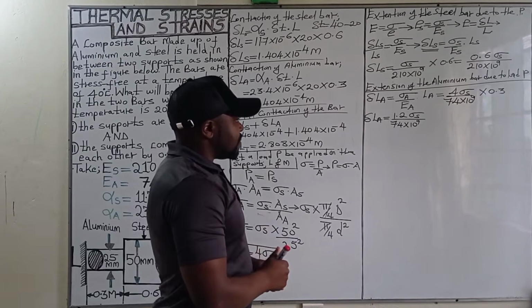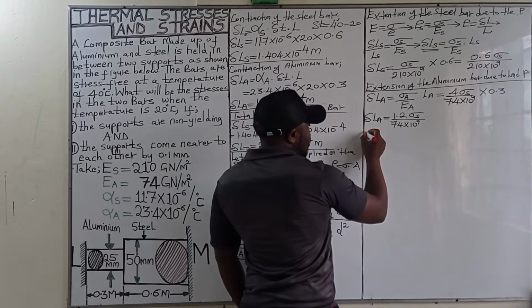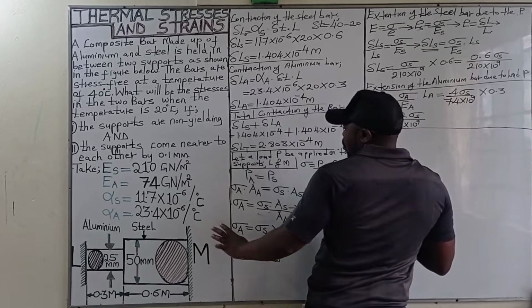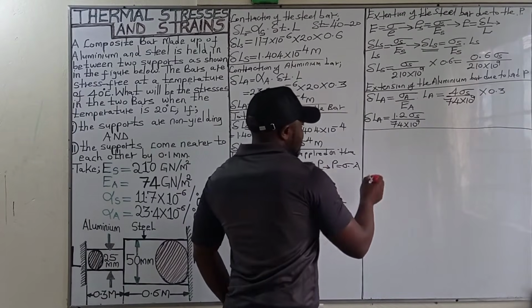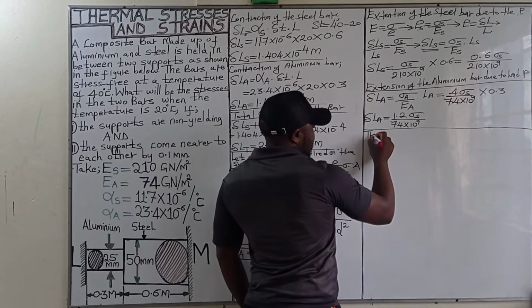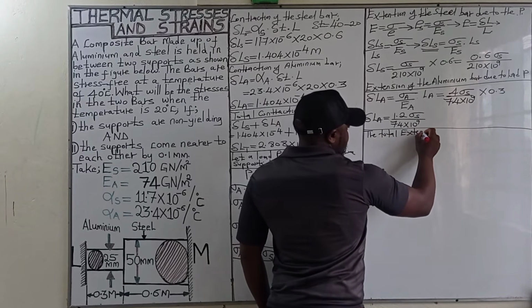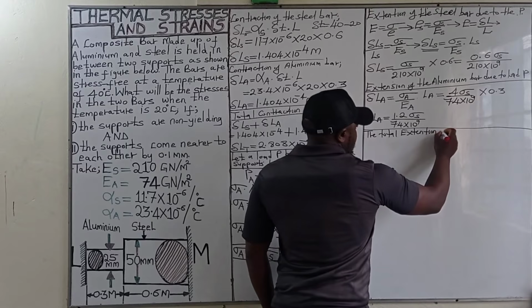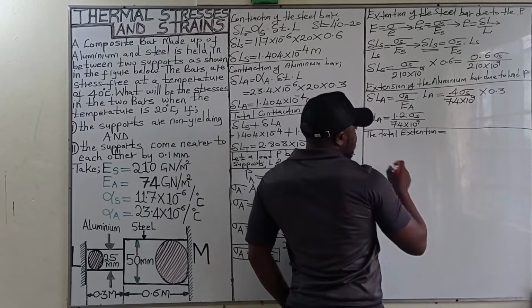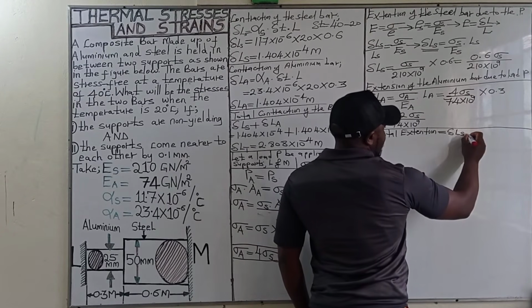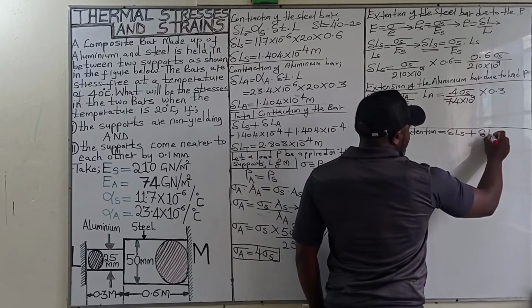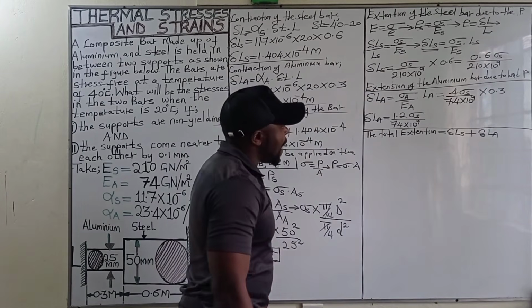And from there, the total extension of the whole combined component will be given by the extension of the steel plus the extension of the aluminium bar.